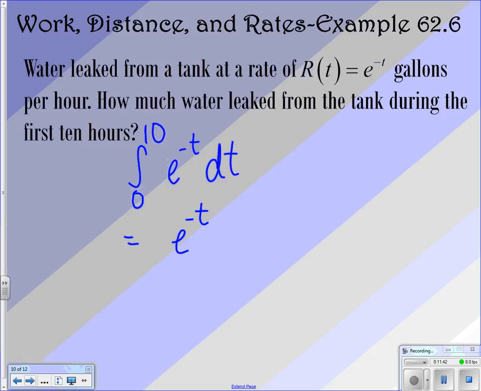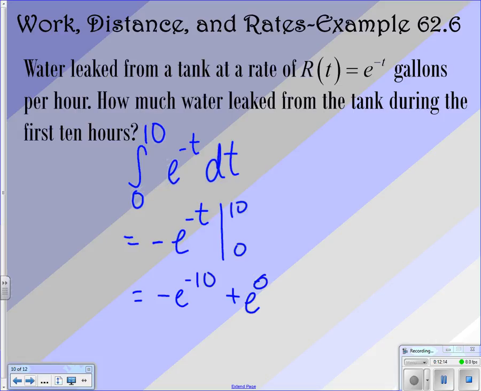Because if you took the derivative, you would have e to the negative t times negative 1 because of the derivative of negative t. So we have to put a negative in front of that e to the negative t. And then you're going to do from 10 to 0. So negative e to the negative 10, and then minus a negative e to the negative 0, which is just 0. If you plug that into your calculator, you can get an approximate answer.